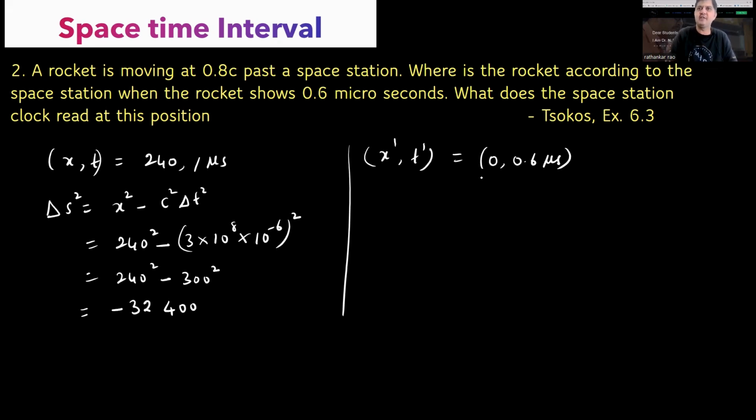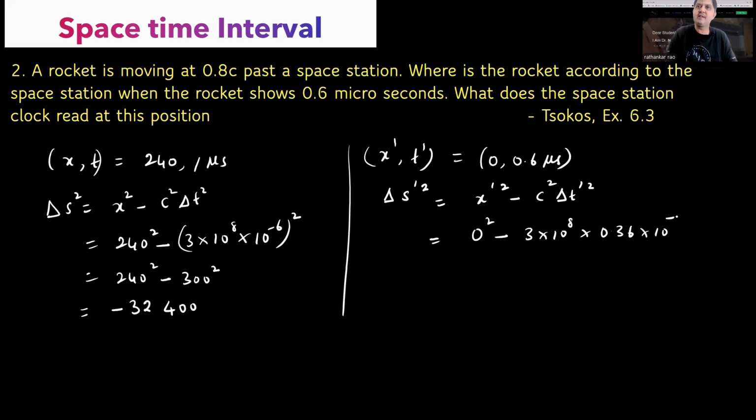Next, let us do the same calculation here. So what is the calculation here? Delta s dash square is equal to x dash square minus c square delta t dash square. When I do this, x dash is 0. 0 square minus c, 3 into 10 to the power of 8 multiplied by delta t, which is 0.6 microseconds, right? So I'll write this as 0.6 into 10 to the power of minus 6, the whole square.